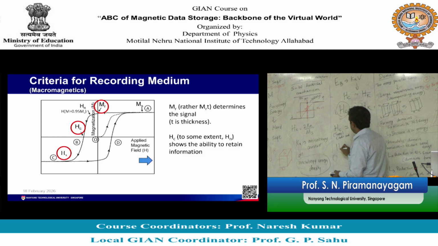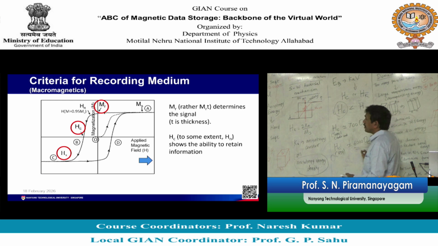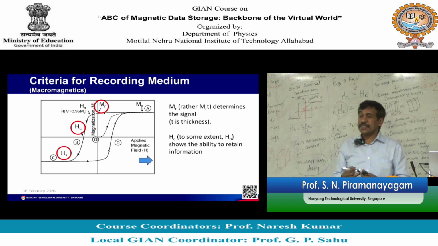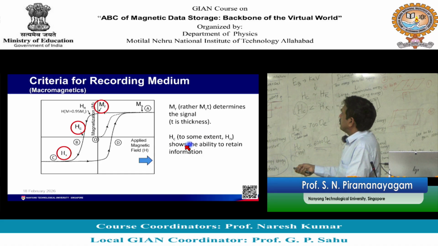On the other hand, hard disk drives have a coercivity of around 6000 Oersted. So you know that hard disk drives can retain information better than credit cards or tapes. To some extent the coercivity shows the ability to retain information.